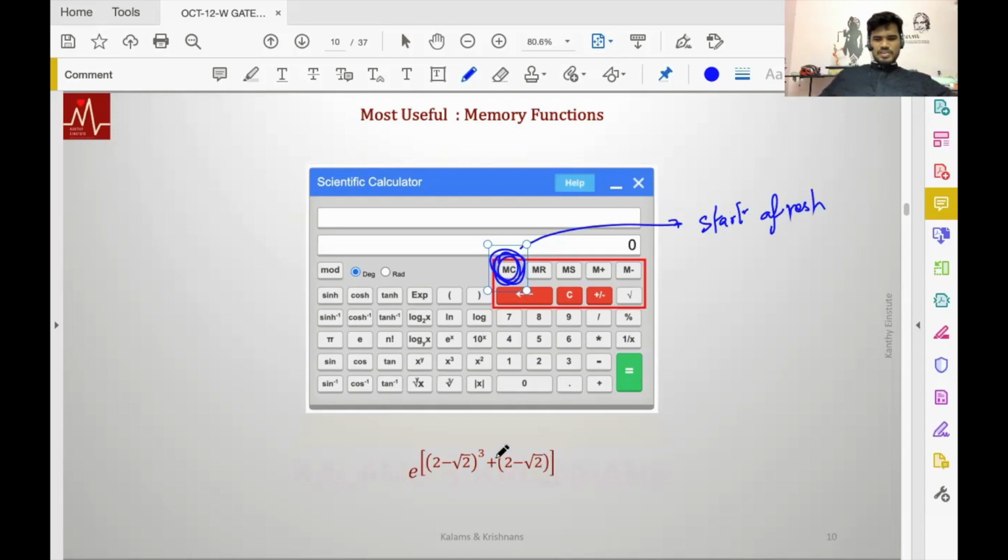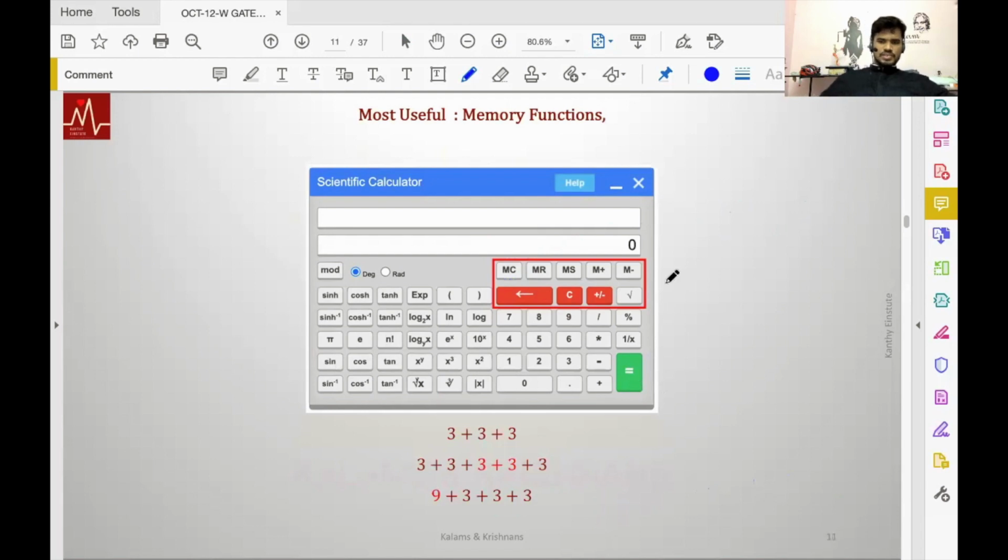We did this; it is not all that useful. This is done using save, also not all that useful. But what is very, very useful is m plus and m minus. Be careful of multiple presses.